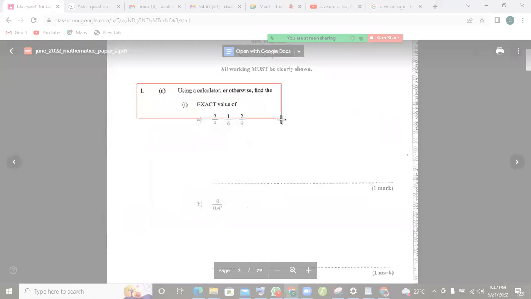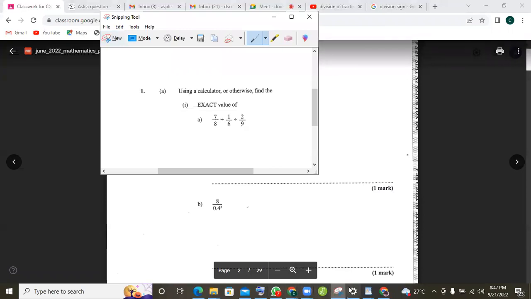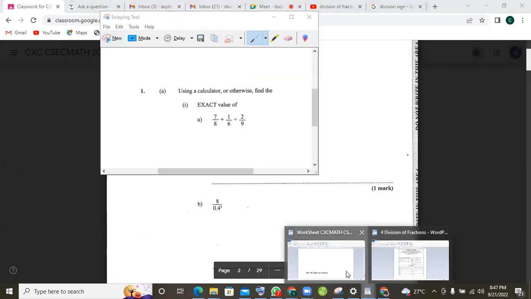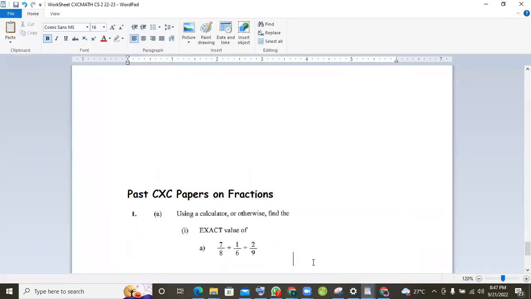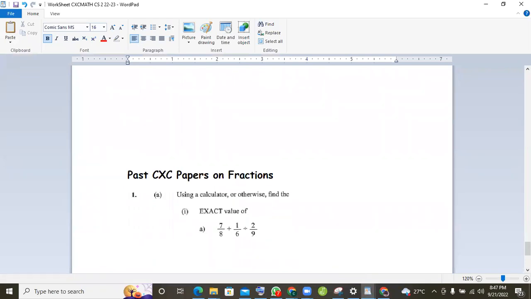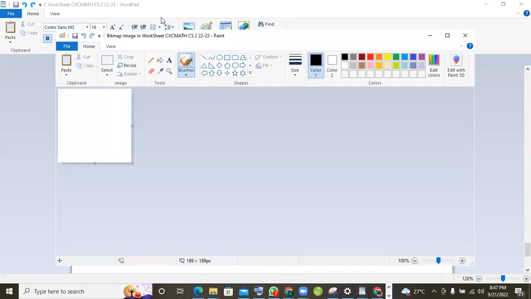So as we say, each topic or semi-subtopic we complete, we are going to the past papers and incorporate past papers with what we are doing. Paste it in Paint because I'm using WordPad.